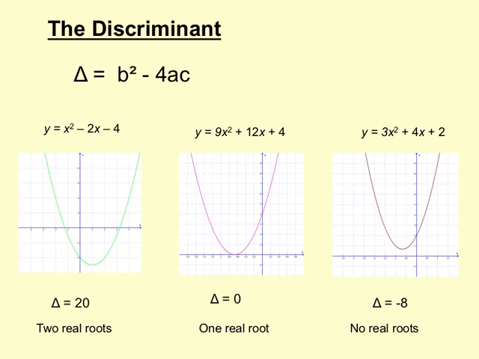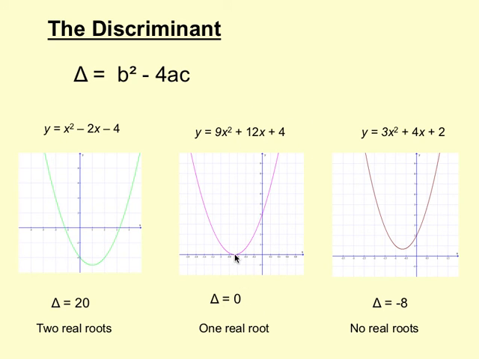Here's your example. If y equals x squared minus 2x minus 4, you do b squared minus 4ac, you get 20. There's 2 real roots. You can see them there. You put these numbers in, b squared minus 4ac, you get discriminant equals 0.